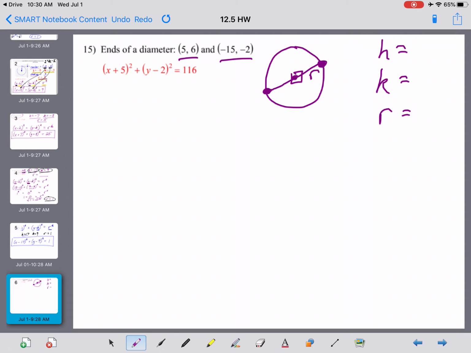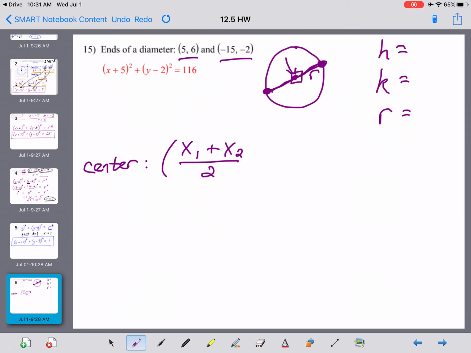Let's try that again. So how are we going to find the center? Well, what I'm hoping you see from the diagram right here is that the center is at the midpoint of your diameter. So the first thing we need to do is use the midpoint formula in order to come up with that center. And the midpoint formula, if you guys remember from way back in chapter 1, is the sum of your two x-coordinates, x1 plus x2 divided by 2.